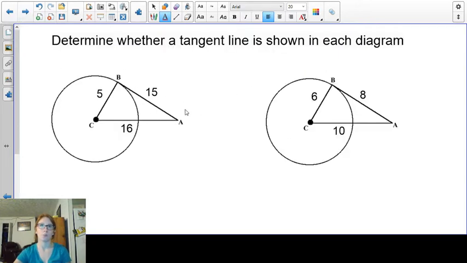So I want you to pause and try these two. Determine if these two are tangent or not. Now this one doesn't say explain, so I just need to know tangent or not. So pause the video and do that one.